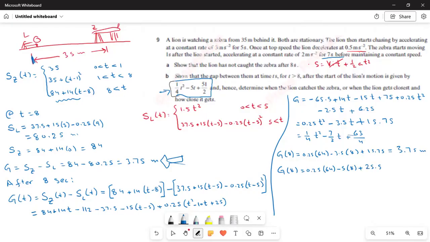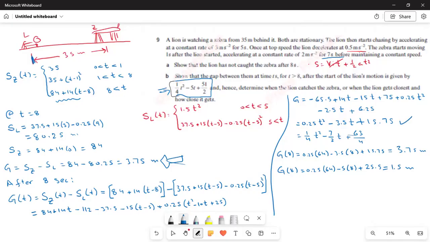So this will give us 0.25 times 64 minus 40 plus 25.5. This is giving us 1.5 meters. So you can see that this does not match our initial calculation at 8 seconds. So that's why my impression is that this equation is not correct and our equation is correct.